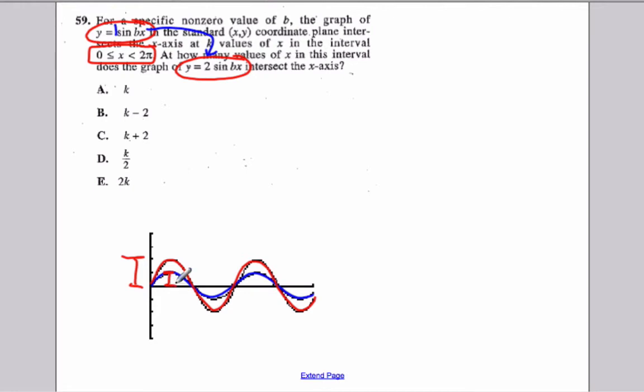It didn't change the period. The period is how long it takes before it repeats itself. And in both cases, it started repeating itself right at this spot. So our period didn't actually change. I started with y equals sine of 3x. I just made up a number for b, for this number right here.